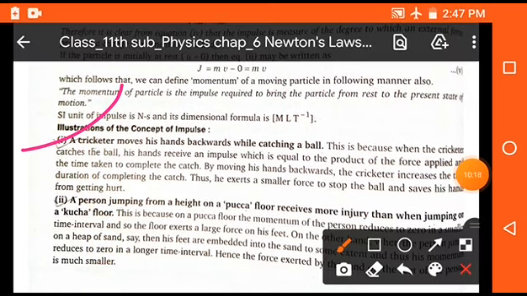Now there are some examples of the concept of impulse. First, a cricketer moves his hand backward while catching a ball. In order to keep his hand safe, he drags his hand backward and catches the ball very easily. A person jumping from a height onto a hard floor receives more injury than when jumping onto a soft floor. This also happens due to impulse.